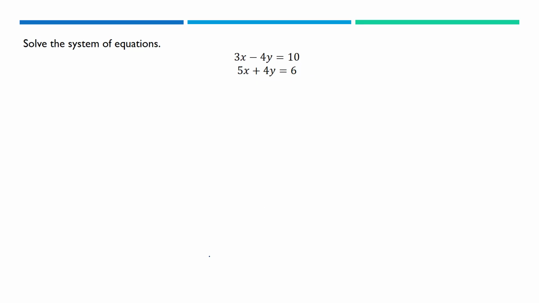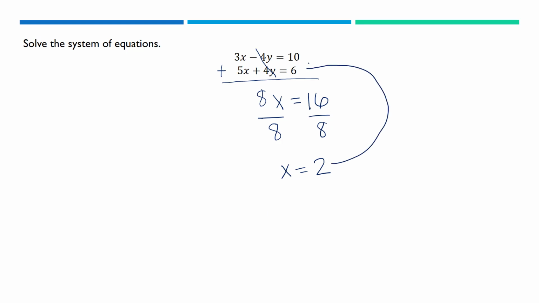Let's try that on this one. I want to solve this system. This time, if I add the two equations, it looks like I'm going to be able to eliminate y. So yeah, that should work just as well. This will give me an equation in just x, and I can solve for x and go back to either equation. Maybe I'll try the second one this time and solve for y.